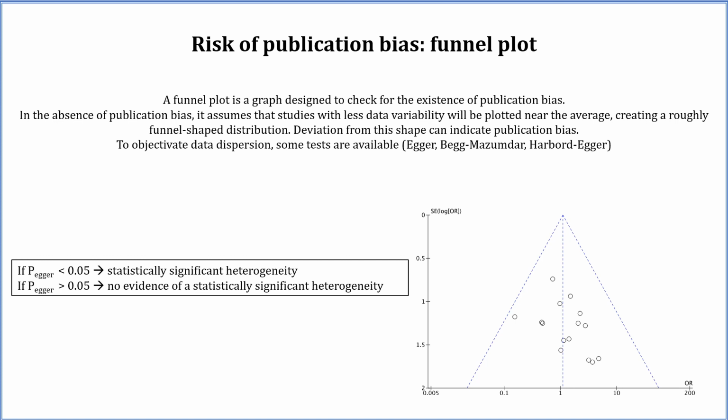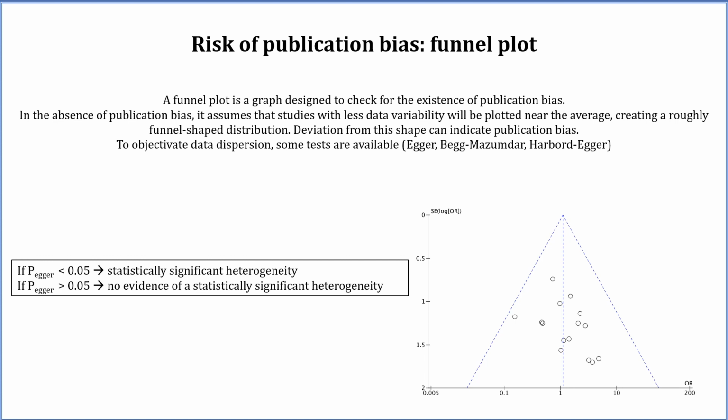If the Egger test is significant, this means that there is a statistically significant asymmetry. So if the P of the Egger test is less than 0.05, high data variability is detected, and so high risk of publication bias is detected.